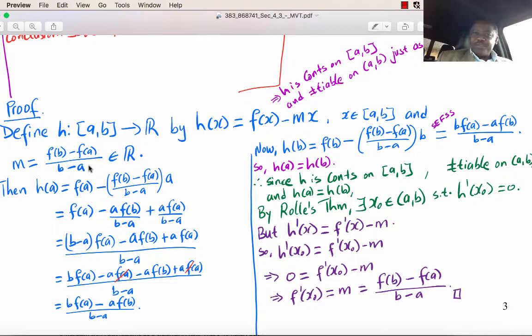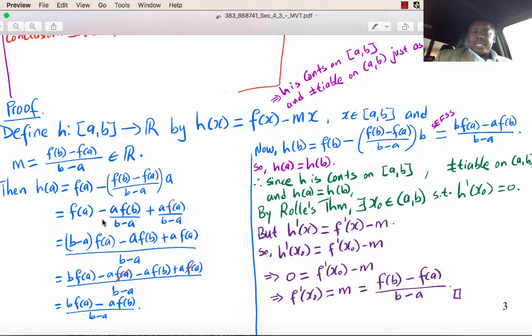Okay? Let's move on. Then h of a, which is just f of a minus ma, becomes b f of a minus a f of b divided by b minus a. Simple algebra, and I'll leave that as a simple exercise for serious students. Just remember that your m is going to be f of b minus f of a divided by b minus a, and just play with this.